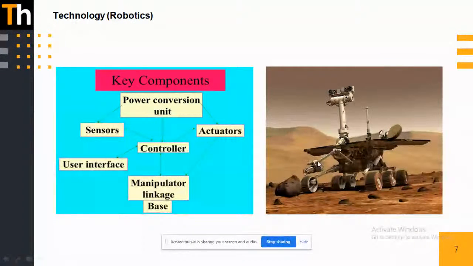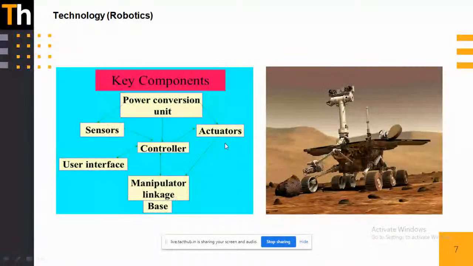This is the rover on Mars. And if you see the key components in any robotics, you require a controller, sensors, a user interface, and manipulators.